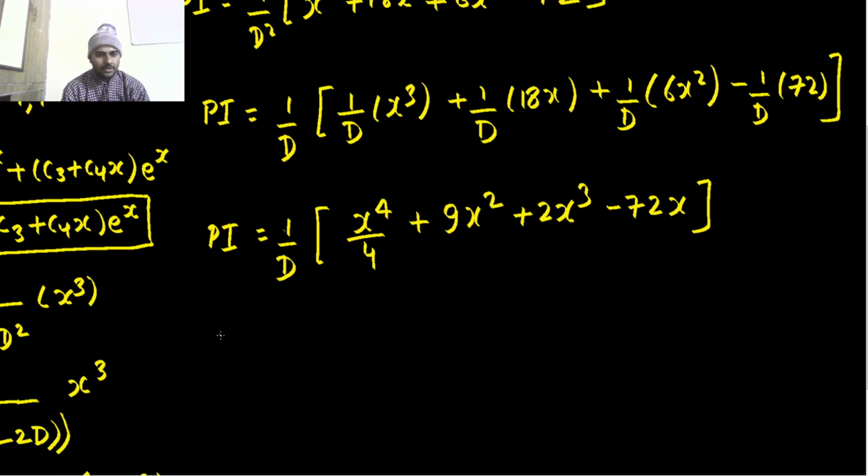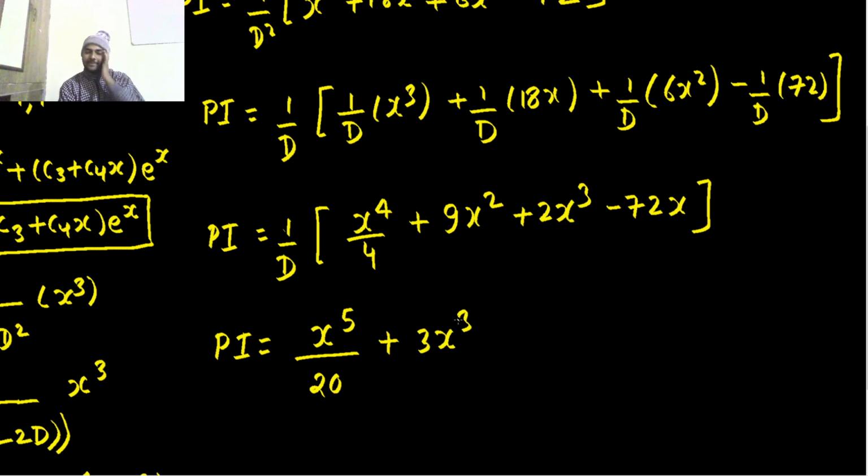Again, you have to integrate it one more time, basically integrating this whole expression. So you'll get x power 5 divided by 4 into 5 is 20, because 5 comes from integration and 4 was already there. 9x square is there. If you integrate x square, you will get x cube by 3, so that will clear out this 3.